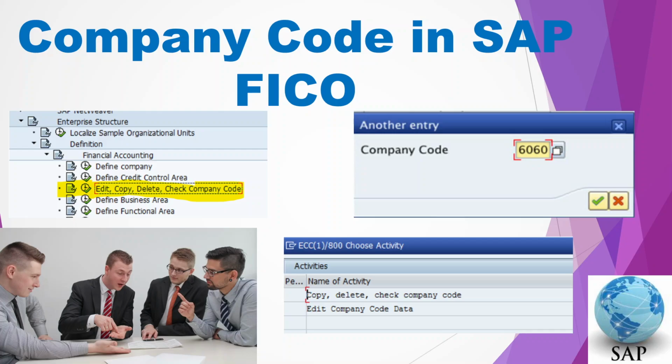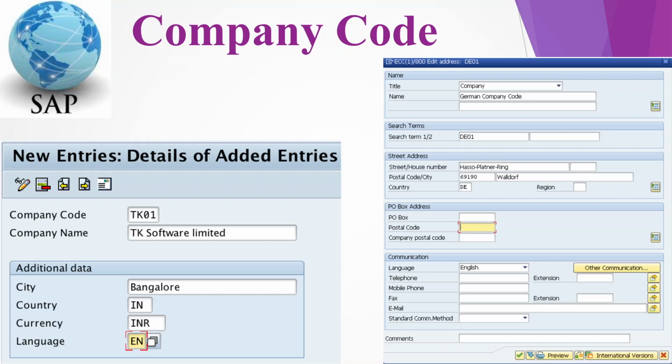We will see all these things in the system as well. So this is how the company code, the description, the address component, and all other stuff looks like.